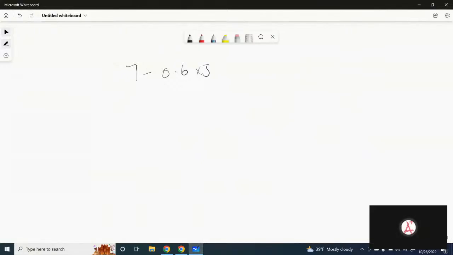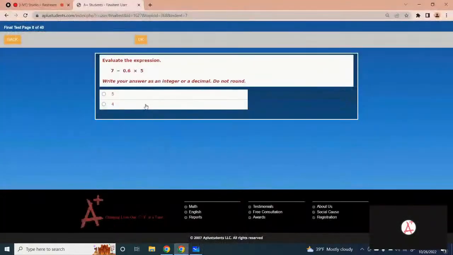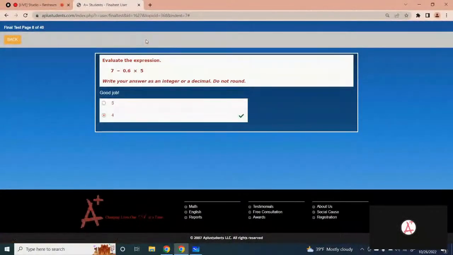Got it? Because multiplication has higher priority over subtraction. 0.6 times 5 is 3. So it would be 7 subtract 3. So 7 subtract 3 is 4. That means the answer is 4. Got it? Just select the correct option and then click on the OK button.